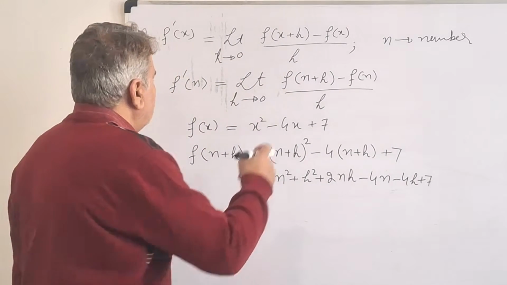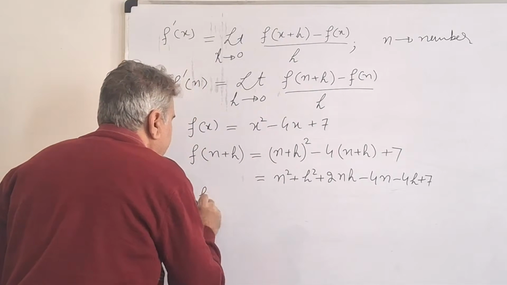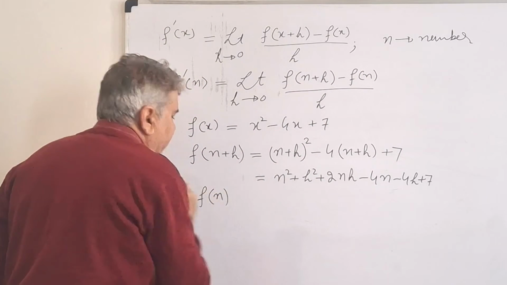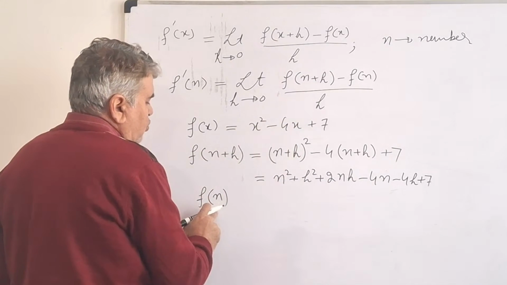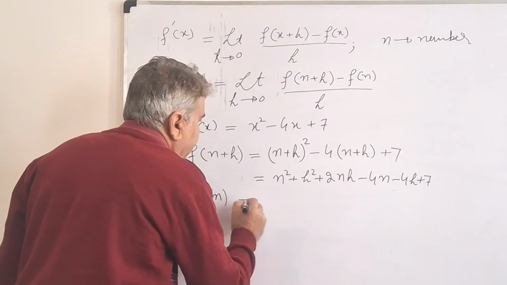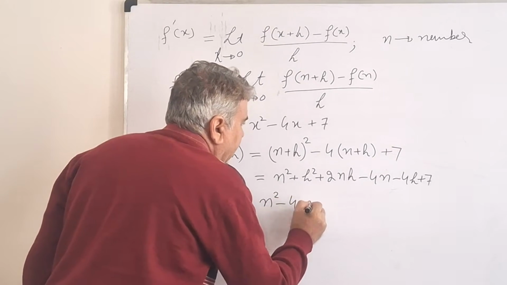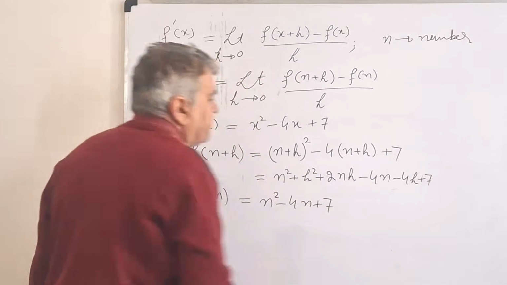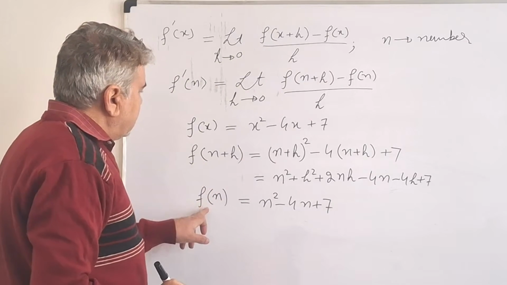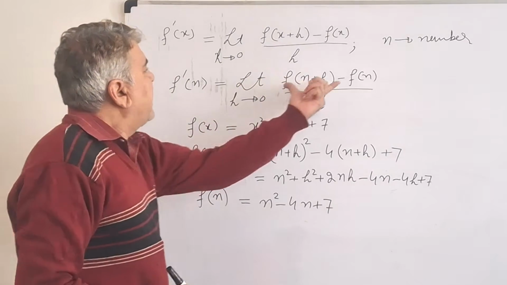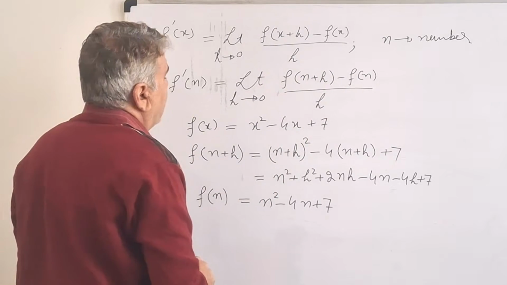Now I want to write the function in this form, that is, I write f of n. So now every x in this relation would be replaced with n, and that gives me n squared minus 4n plus 7.